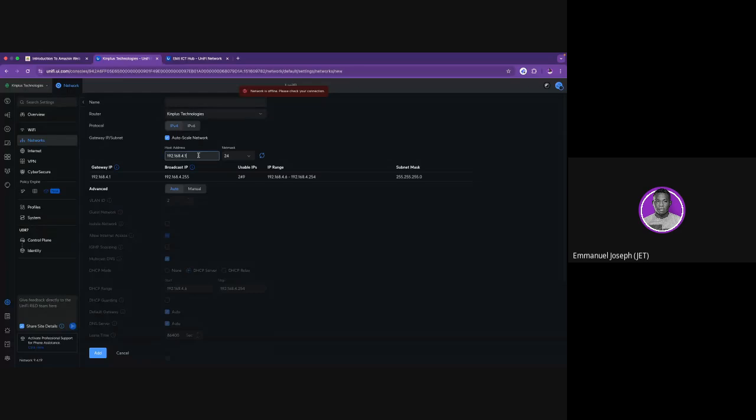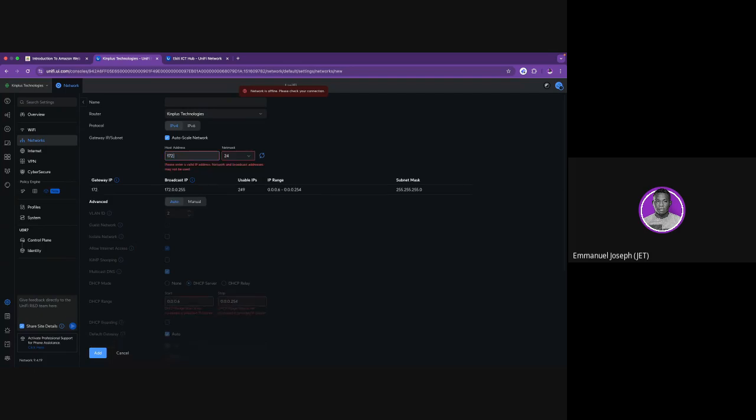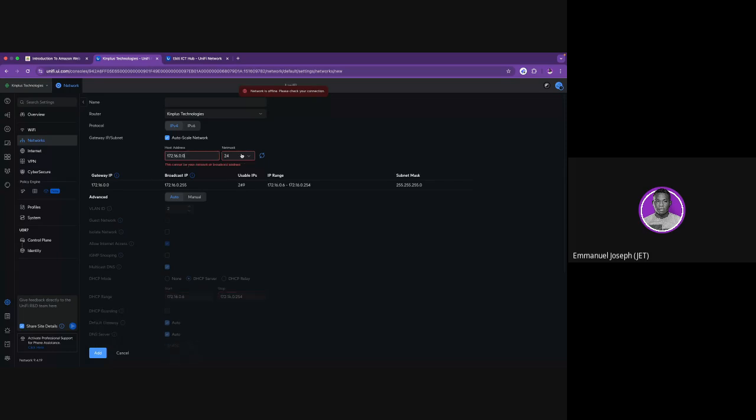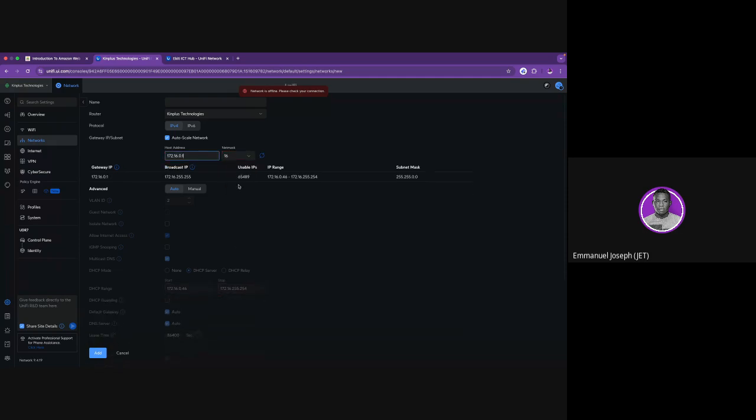Now, when it comes to class B IP, I think that starts with 172.16.0.0. Yes, I'm correct. Class B IP, if you are assigned it in general, is going to give you total usable IPs of 65,489.